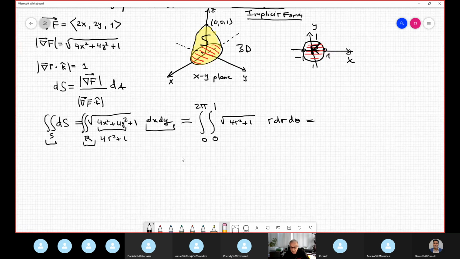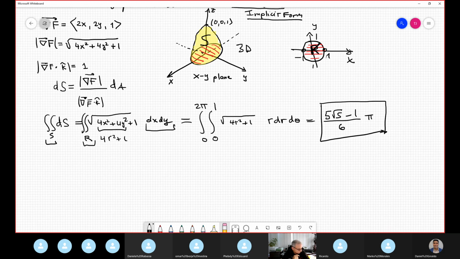The answer is 5 radical 5 minus 1 over 6 pi. It's the answer. This is one way to do this problem.